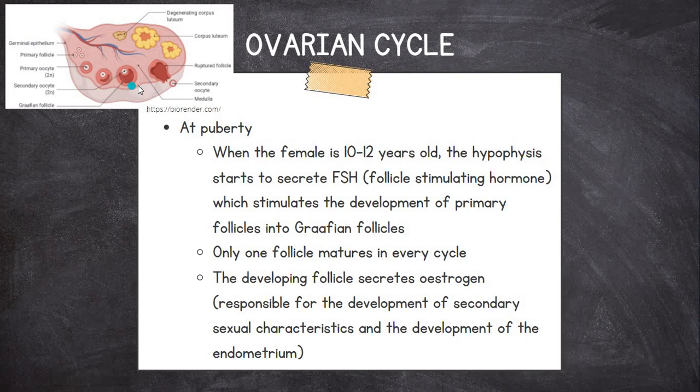So this developing follicle that's now developing into the Graafian follicle will secrete estrogen, and this estrogen is very important for the development of the secondary sexual characteristics that we spoke about in the previous lesson, as well as the development of the endometrium. Now remember, the endometrium is that thick layer on the inside of the uterus in which the egg cell or the embryo will implant.